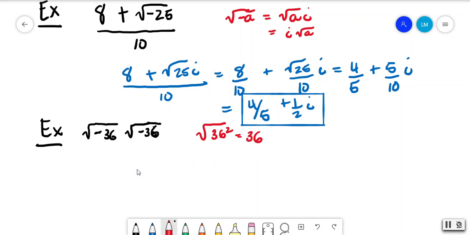Well, that's not totally true, because this property of same exponents only works for real numbers, but this is not a real number.